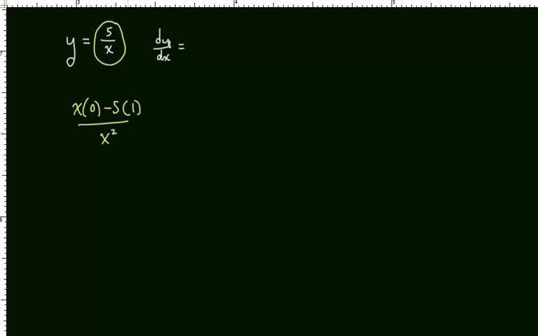So that works. But what I'd like you to do is think of this as y equals 5x to the negative 1 power, and then just use the power rule. So the answer is negative 5x to the negative 2, or simply negative 5 over x squared.